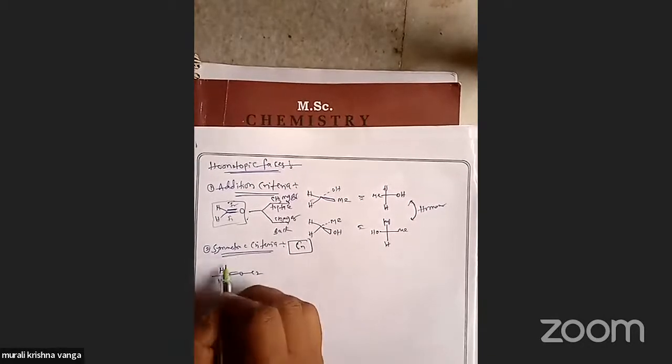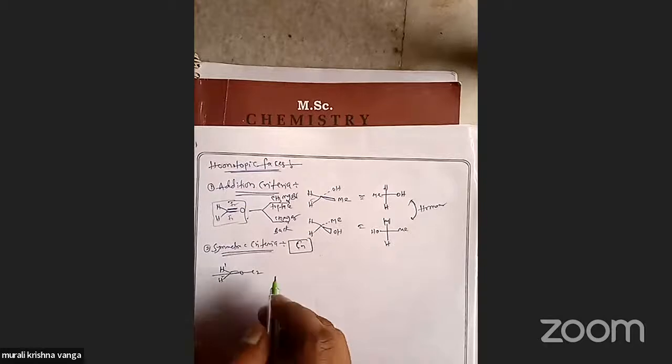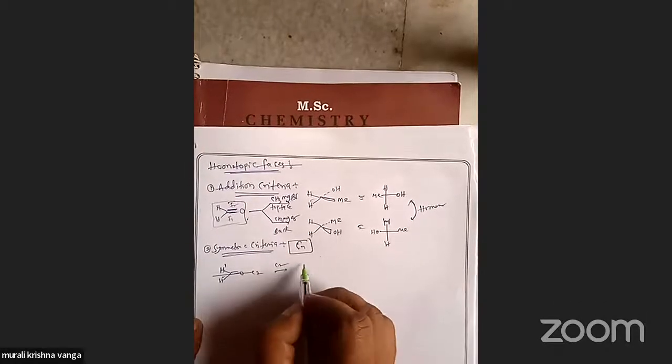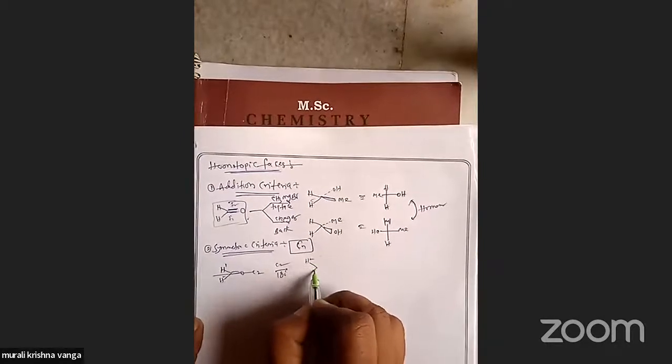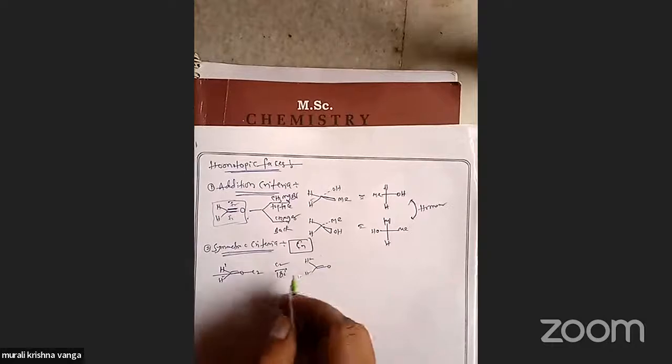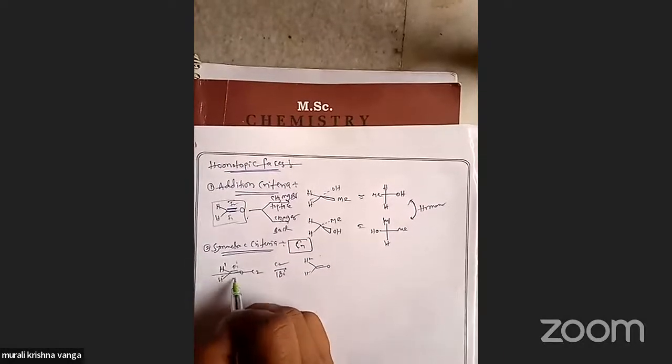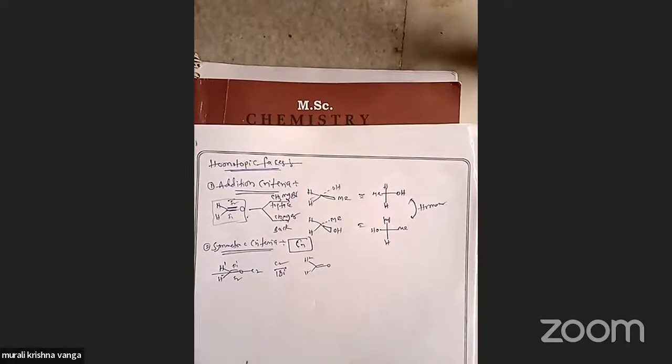I am labeling H1 and H2 for easy convention. Undergoing C2 rotation, 180 degrees rotation, H2 and H1 swap, and the molecule is the same. Therefore, phase 1, the down phase, and phase 2, the up phase, are homotopic phases.